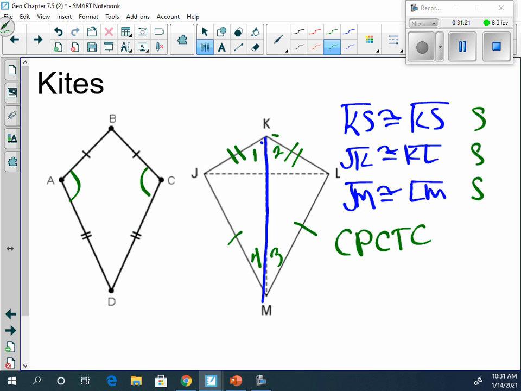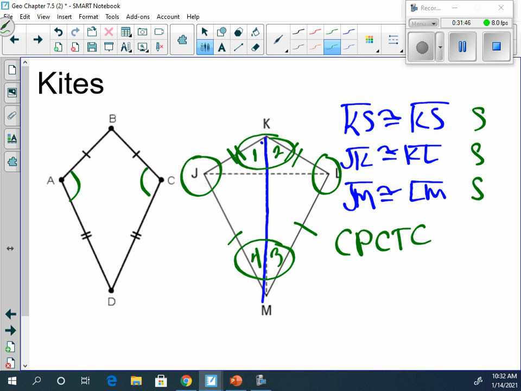Well, what are corresponding? Angles 1 and 2 and 4. It works out. But it also means that angle J and angle L are congruent. Well, we knew that already because it's a kite, yes? The angles between the non-congruent sides are congruent.